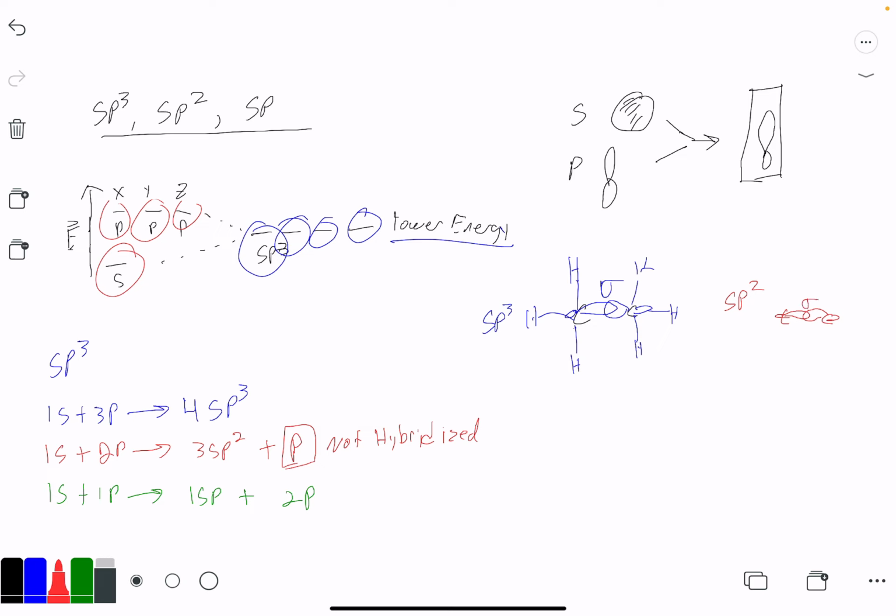But now you have that extra p orbital, so that has to be somewhere. And that actually goes here, and that forms a bond like that. And this is known as a pi bond. So in an sp2 hybridized carbon atom, you have a sigma bond and a pi bond.